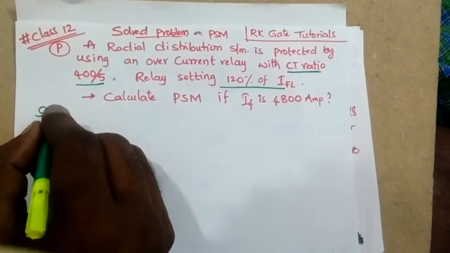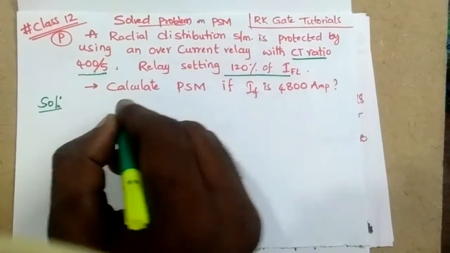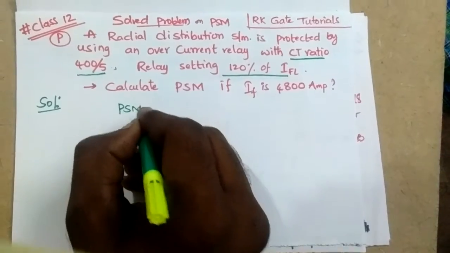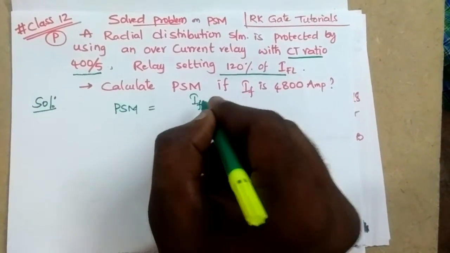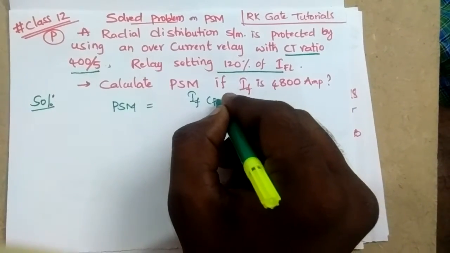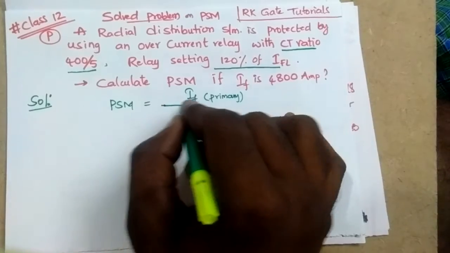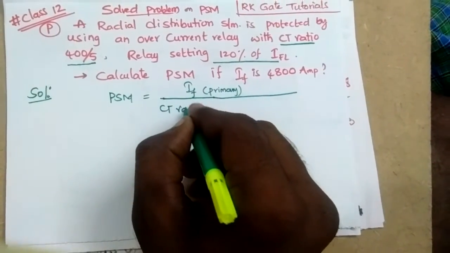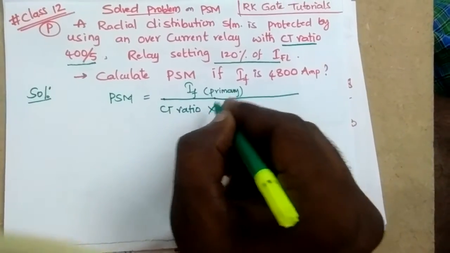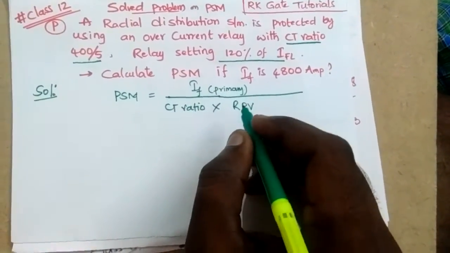Let us solve this. So in the previous class we have studied that the PSM can be defined as the fault current on primary over CT ratio multiplied by the relay pickup value.